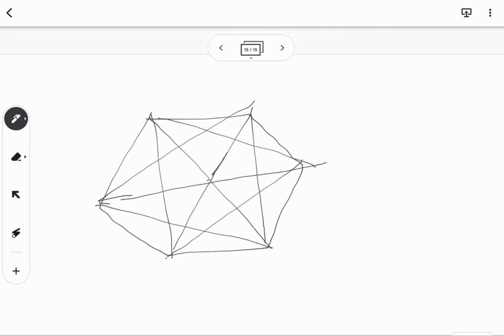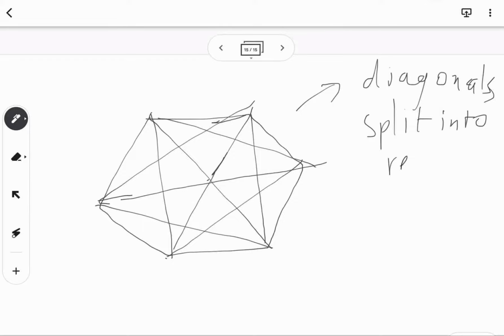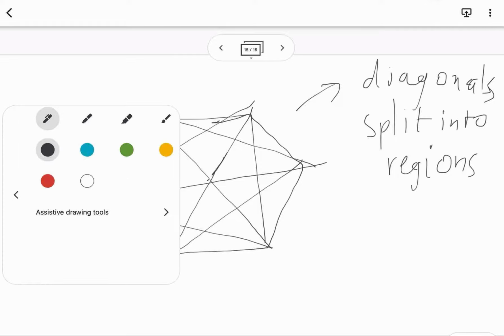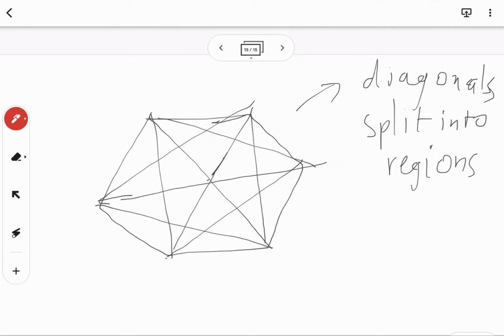So diagonals split into regions. And the point only depends on the region, right? It doesn't matter, if 2 points are in the same region, then they're basically the same, because the triangles only care about the region, so only regions matter.